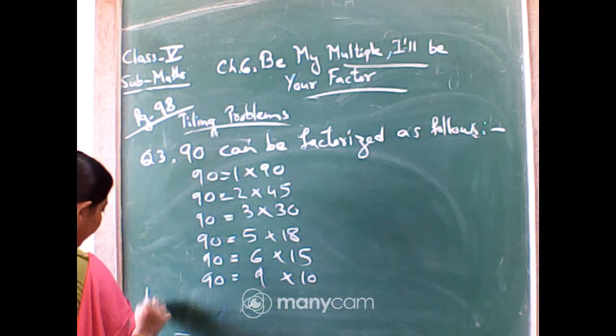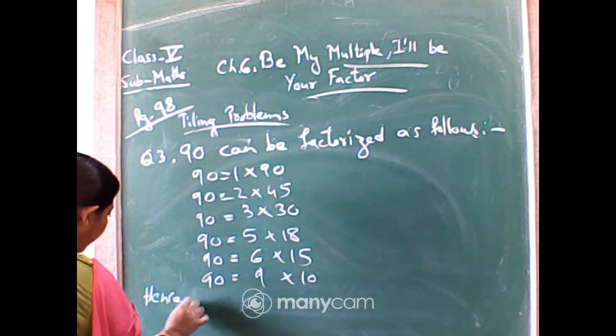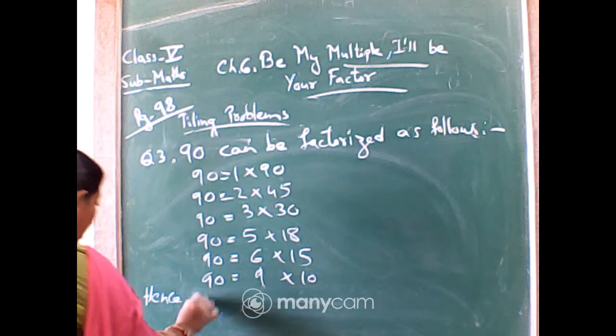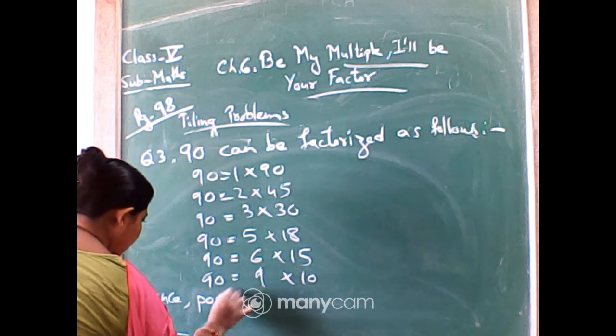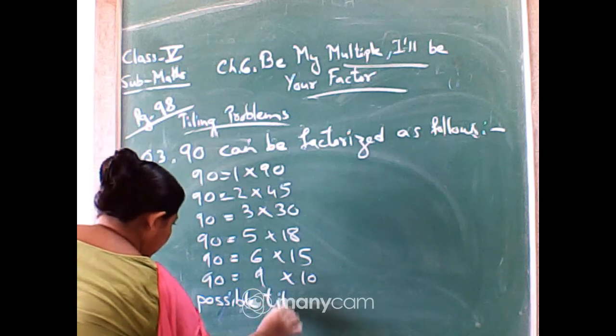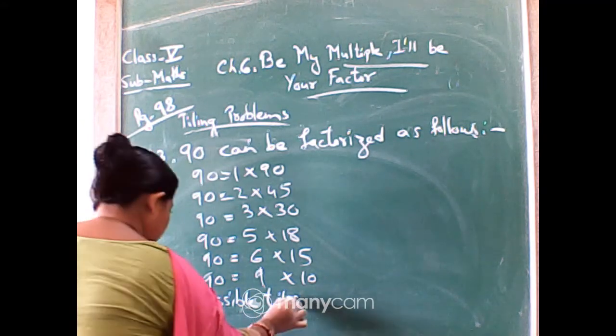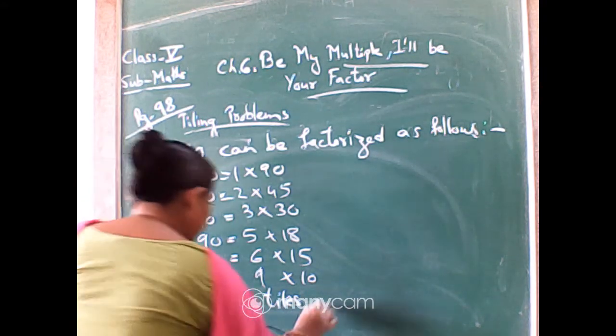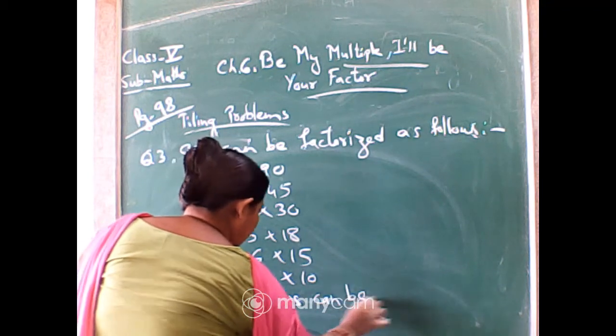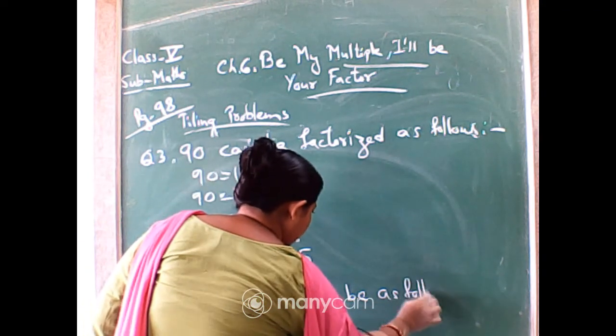So at the end you will write that hence possible tiles can be as follows.